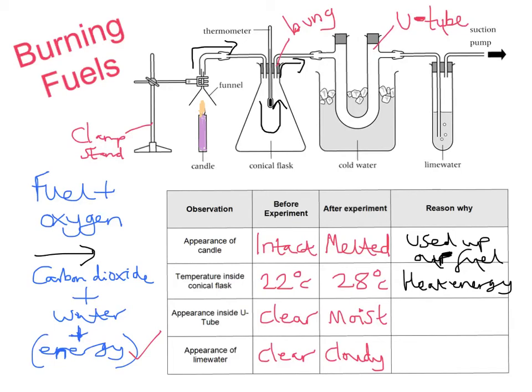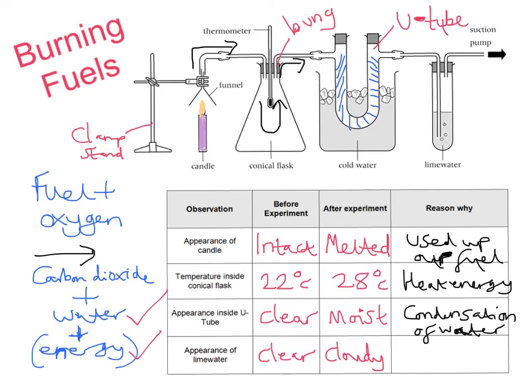So any vapours passing along this glass tubing that enter here would have been cooled, and you'd get condensation. So that shows that we're producing water. That accounts for the water, because we're getting condensation of the water in that U-tube. So that's why it looks wet.